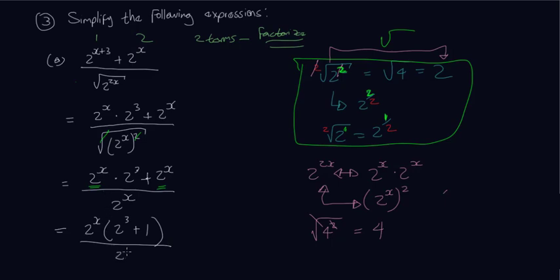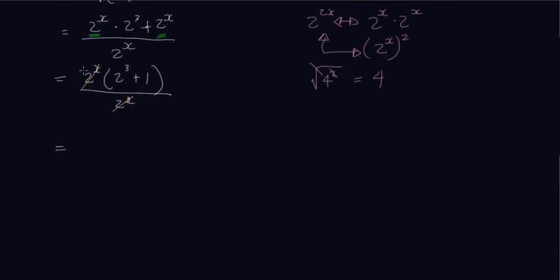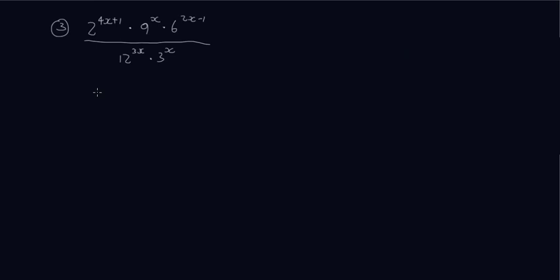And then it's 2 to the x. Then ngelezi ke zizokhanselana 2 to the x na 2 to the x. Then phezulu sala 2 to the 3 plus 1. 2 to the 3 is 8 plus 1. So I answer 8 to 9. So simplify it.